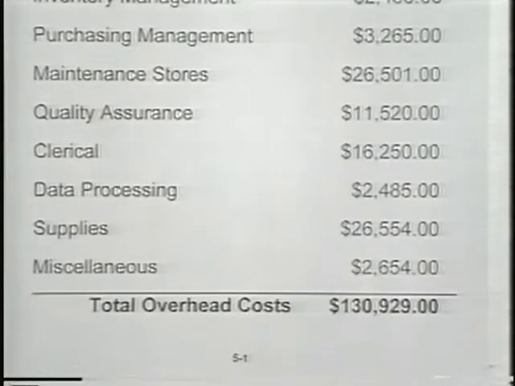And here we have a total overhead cost by month to support the maintenance department of $130,929.